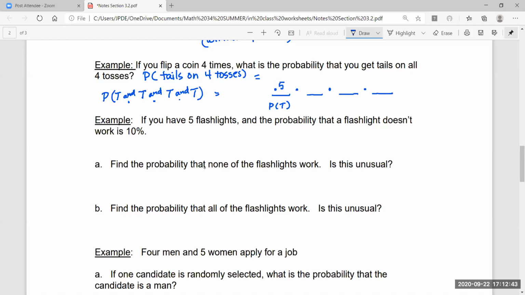So tails here, you could have tails here, you could have tails here, you could have tails here. And you're going to multiply those together. Probability of tails times tails times tails times tails, or what's even easier is 0.5 to the 4th power. 0.0625.